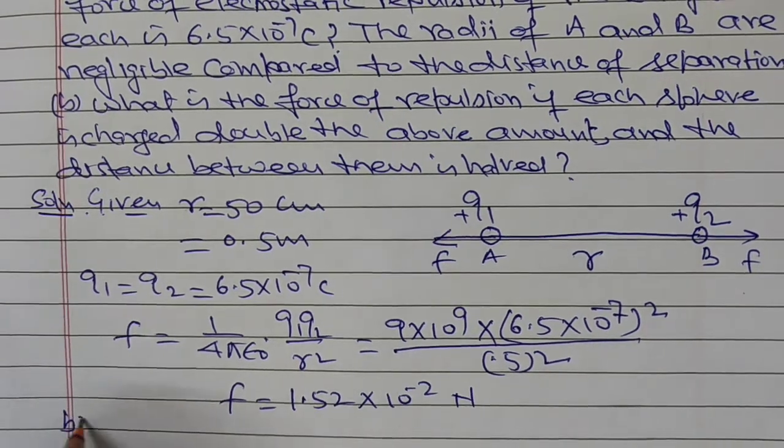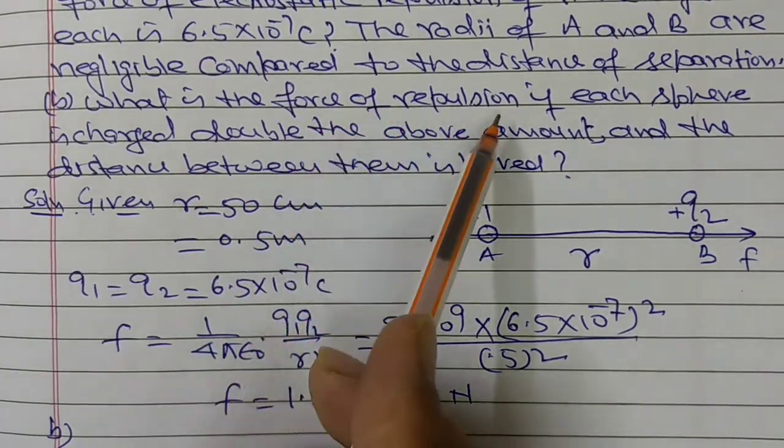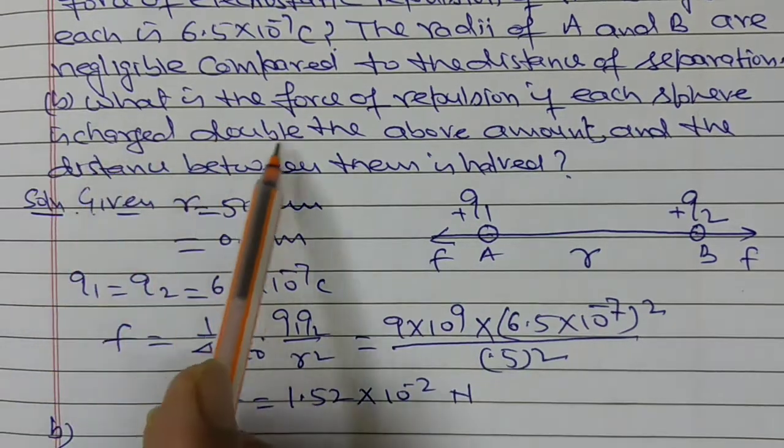Now B part. What is the force of repulsion if each sphere is charged double?